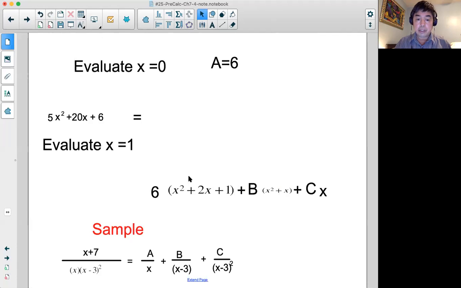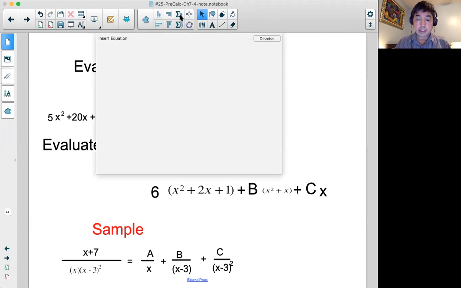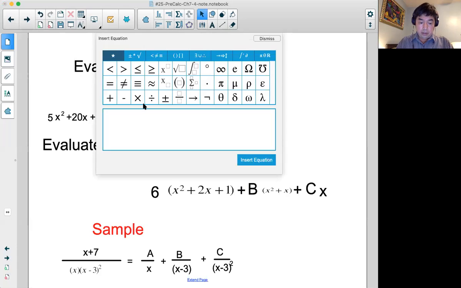So I will distribute the property first, okay? 6 times x squared, 6x squared, plus 6 times 2x, 12x, plus 6. That's the first part.